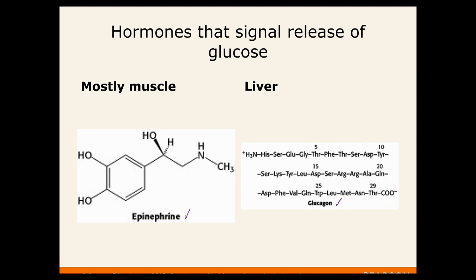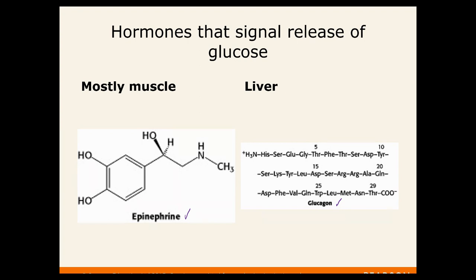And the difference between these two hormones depends on which tissue we're talking about. So here's that concept that different cells have different functions, so they can have a slightly different biochemical response.